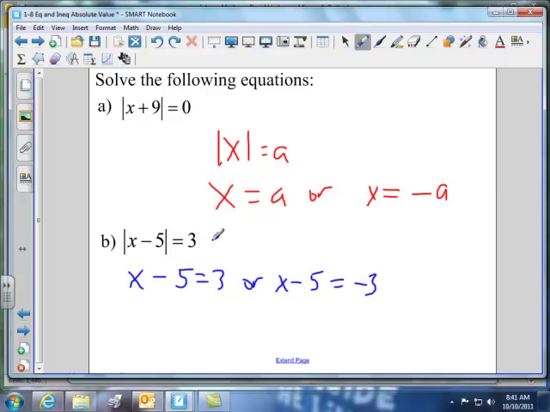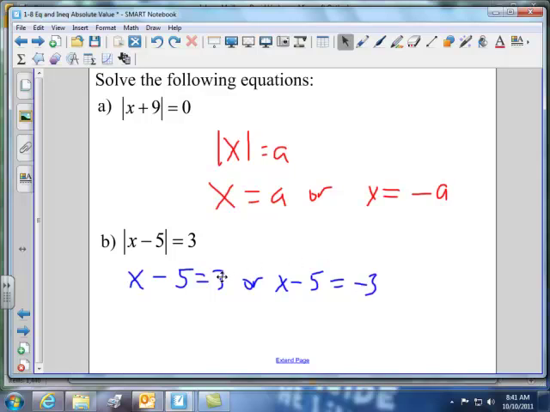Specifically, going back to this example, if you have the equation the absolute value of x minus 5 equals 3, then you could rewrite this using this setup. You could say the quantity x minus 5 equals 3, or the quantity x minus 5 equals negative 3.